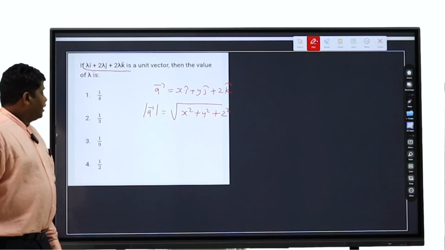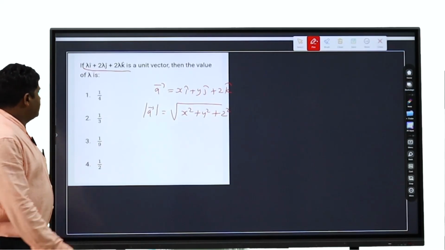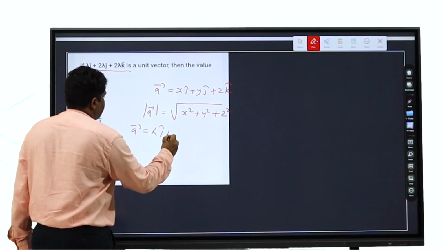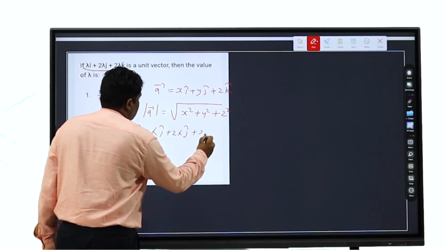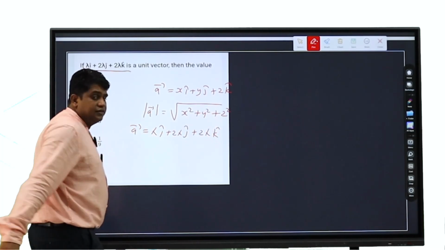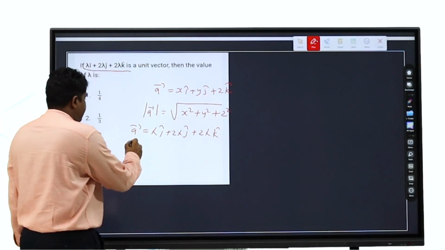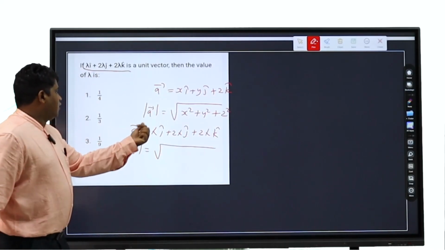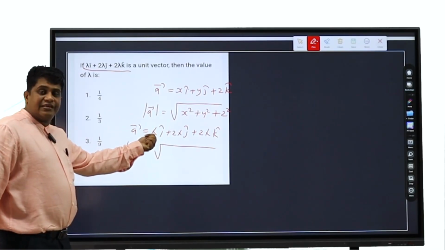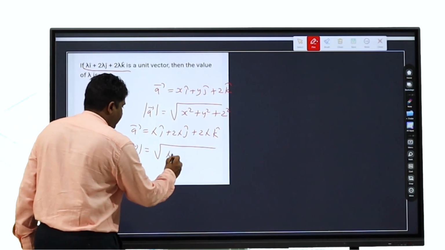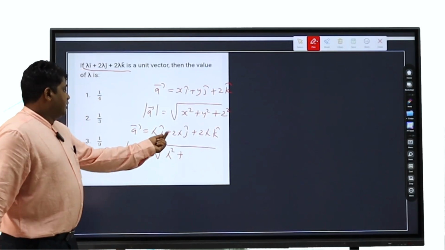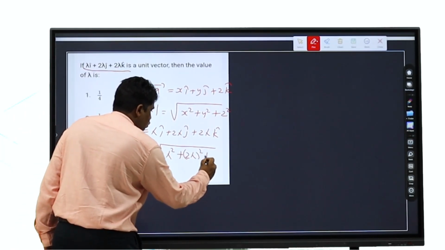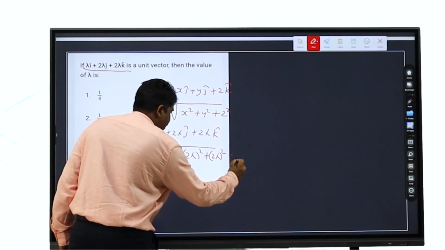Here let this vector be A = lambda I + 2 lambda J + 2 lambda K. This is vector A. Then what is the magnitude of vector A? The magnitude of vector A is equal to root of lambda square, where lambda is the scalar component of I cap, plus 2 lambda whole square, the scalar component of J, plus 2 lambda whole square, which is given as 1.